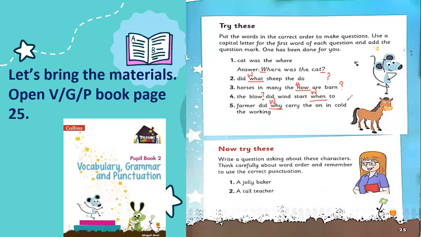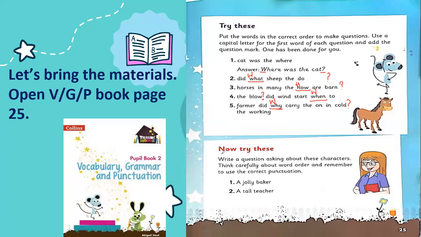So cold should end it, and when we end it, we put a question mark. So this statement reads, why did the farmer carry on walking in the cold? So it's asking a question. So I know I've given you a clue. You can solve this by yourself, right?